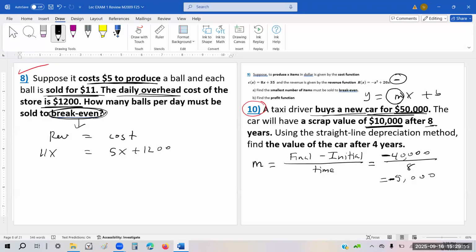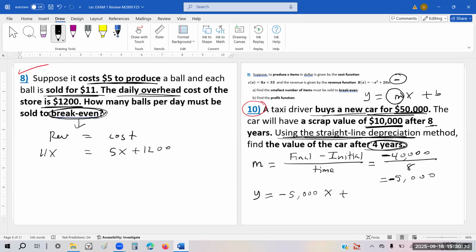And now we want to know, if this situation represents straight line depreciation, how much he lost after 4 years. So y equals negative mx plus b. What is b? The initial amount, right? b is the y-intercept.